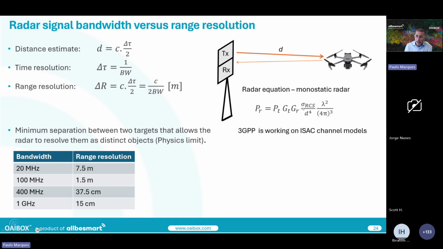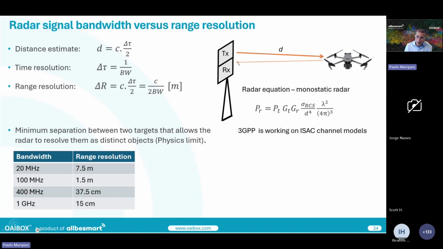If you look into the radar equation for the monostatic radar, the receive power is the transmit power times the gain of the transmitter times the gain of the receiver. Here you have the radar cross section and wavelength, which are constants, but the point for monostatic radar is that the distance appears to the fourth power.